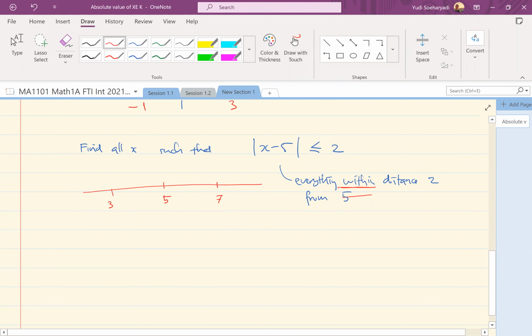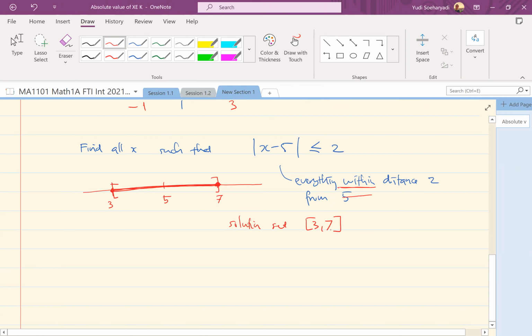And 2 is included, so the solution is 3 to 7.